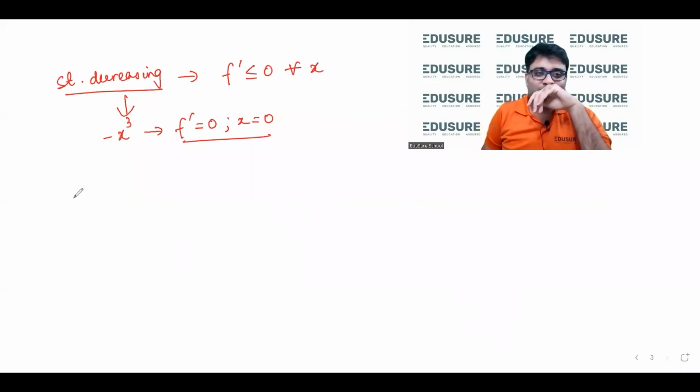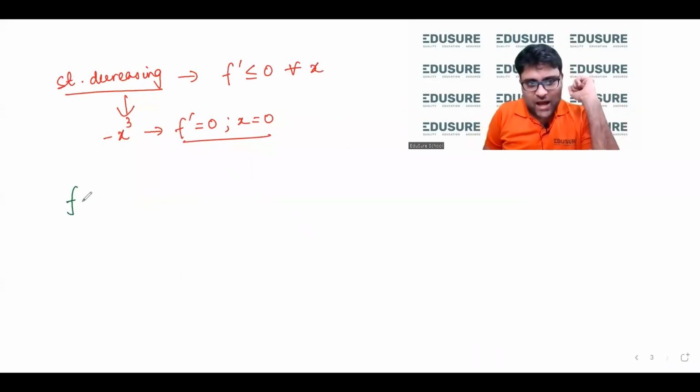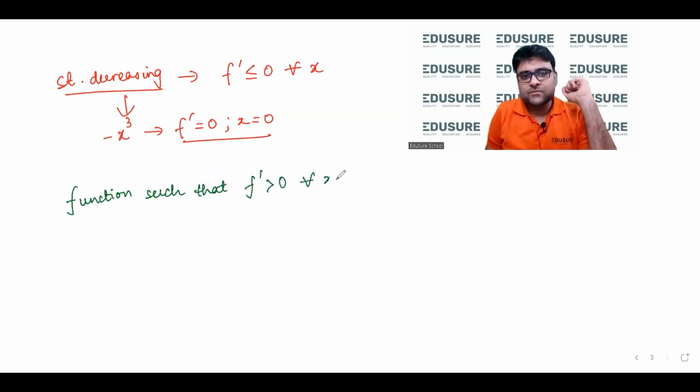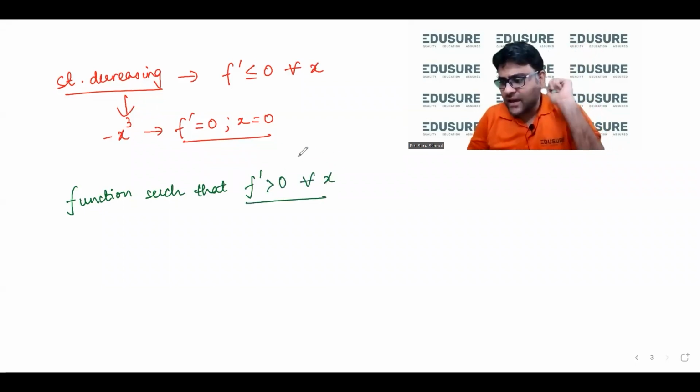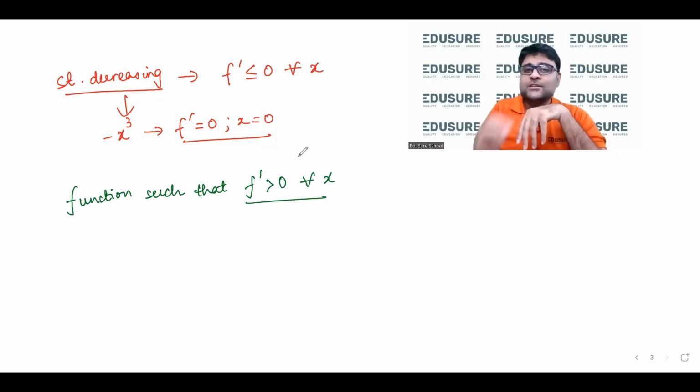If ever they mention that I have a function such that f dash is greater than 0 for all x, what kind of a function will this be?